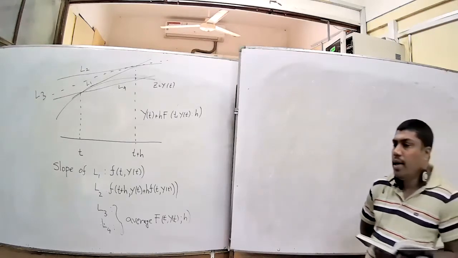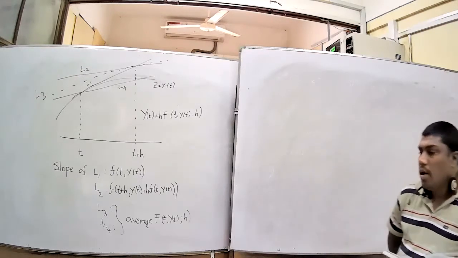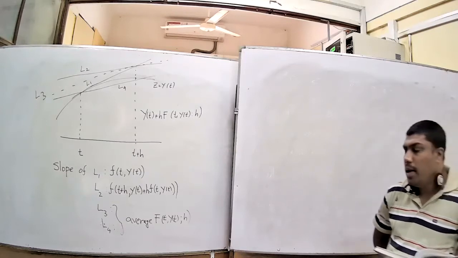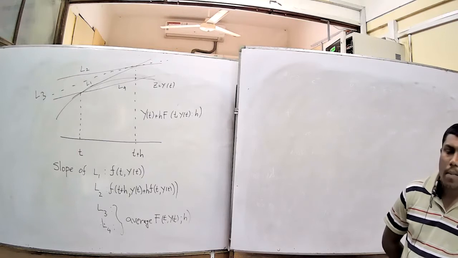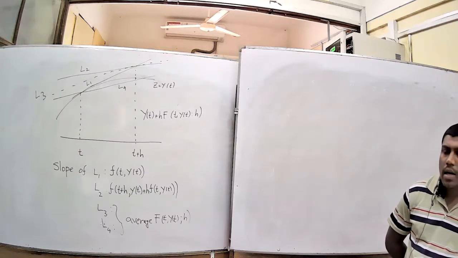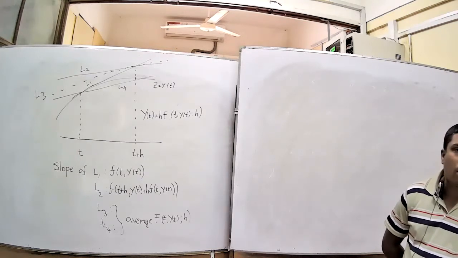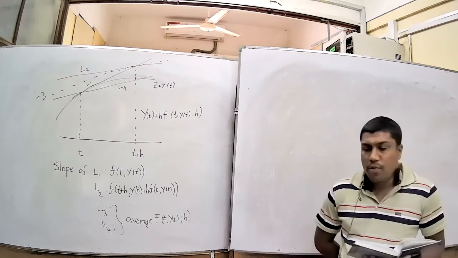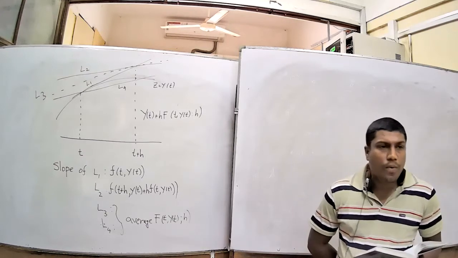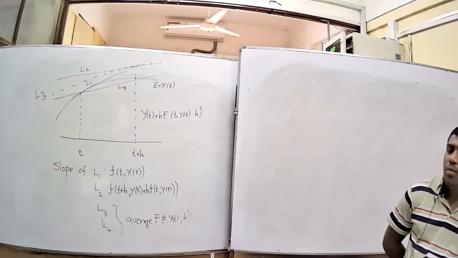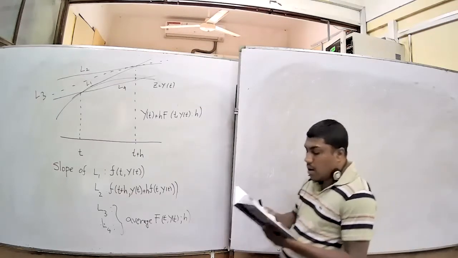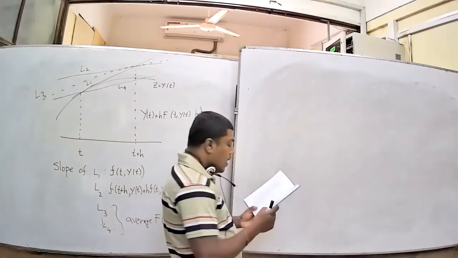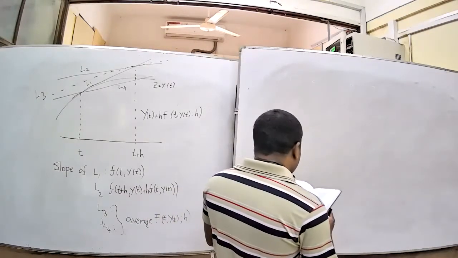Depending on the choice of b1, you will have different types of Runge-Kutta methods, and there are certain favorite choices: half, 1/4, 3/4, and 1. Now let us see an example of such a method, and then we will talk about the general approach.